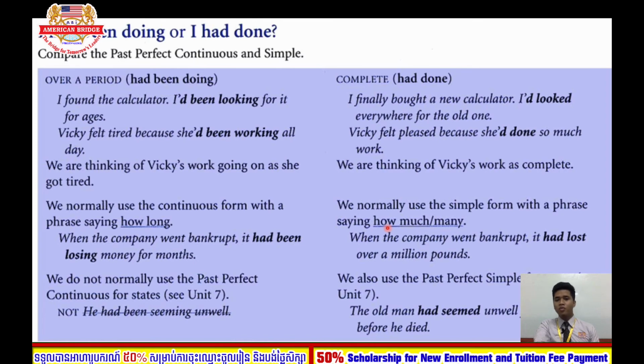So here, I hope you can see the clear differences between the past perfect continuous and past perfect simple. It is the same as present perfect continuous and present perfect simple.